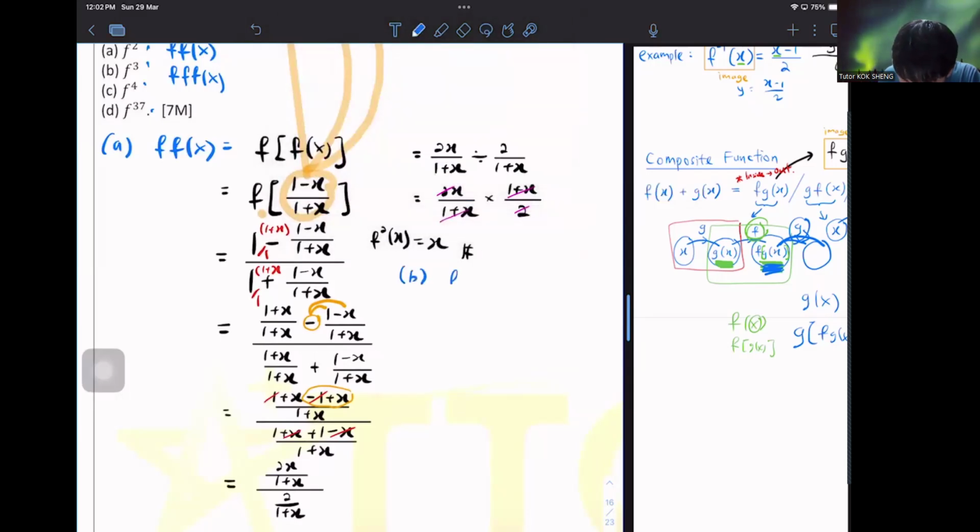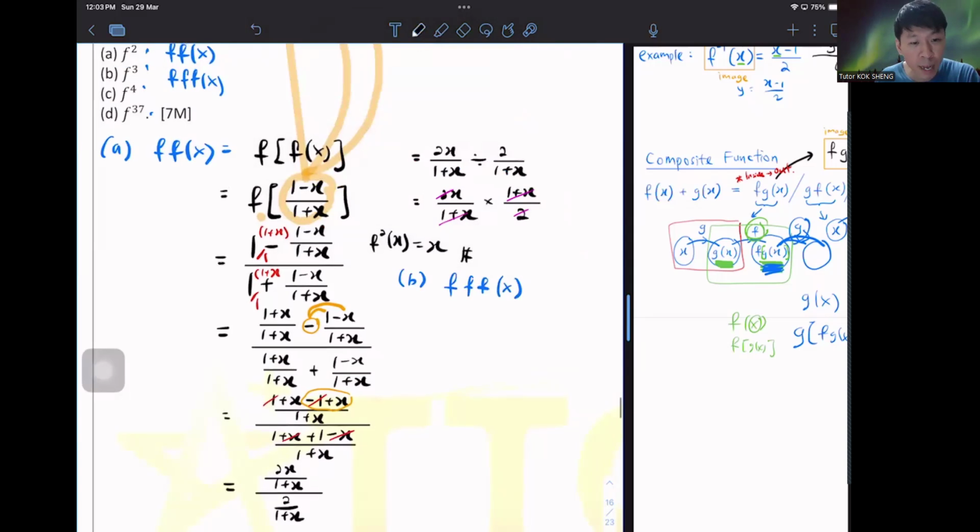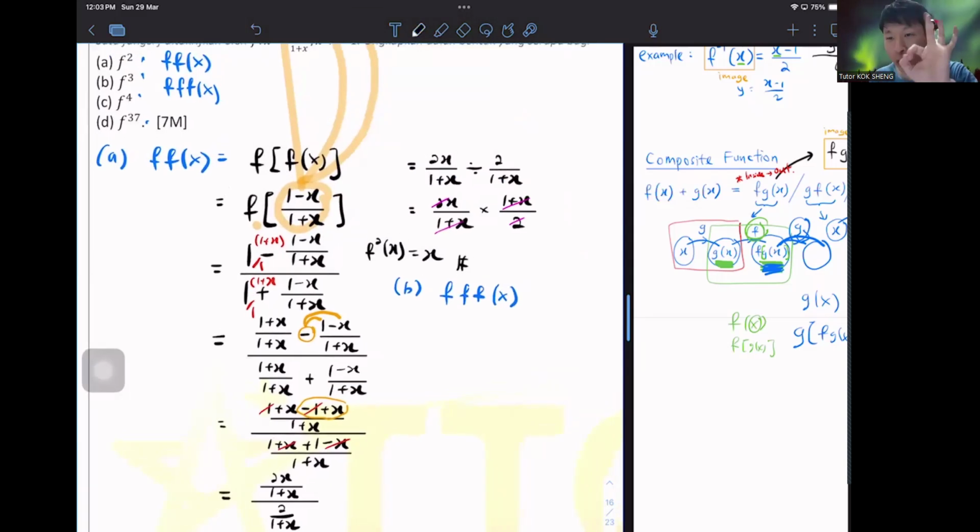B is FFF, right? Triple F. But you know, no need to do triple times of the function F, because you already have the answer for F square, which means FF, these two actually can combine back to F square.